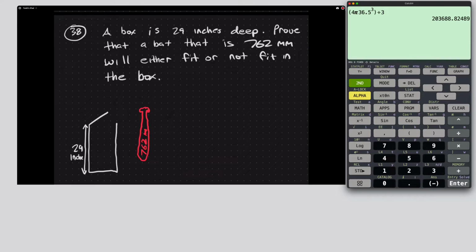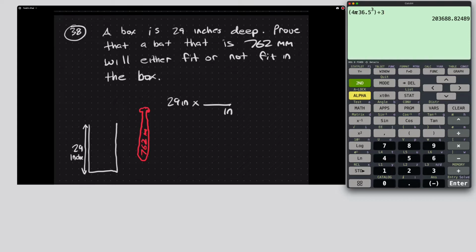Okay, so let's basically convert either the 29 inches into millimeters or the 762 millimeters into inches. Okay, so I will take the inches one right here and convert it to millimeters. So we're going to go 29 inches, and we're going to multiply that by, and we're using data analysis here again.